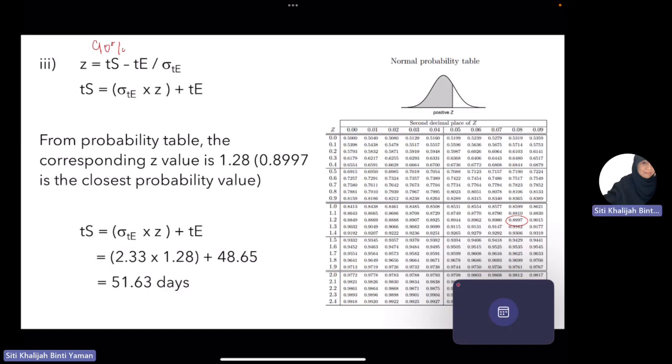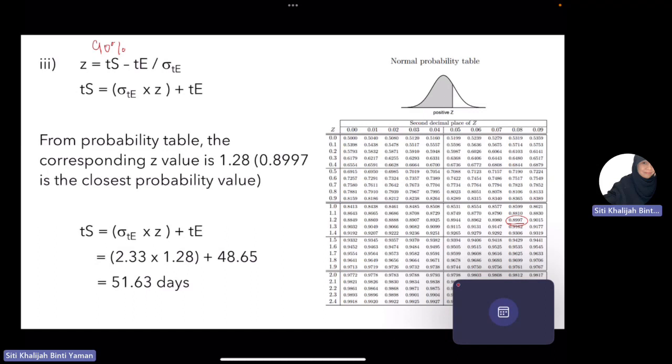it is necessary to find the corresponding Z value. The corresponding Z value is 1.28, which 0.8997 is the closest probability value.